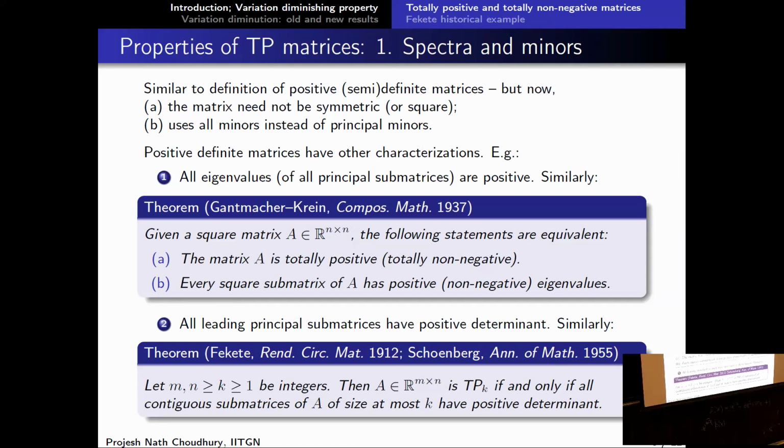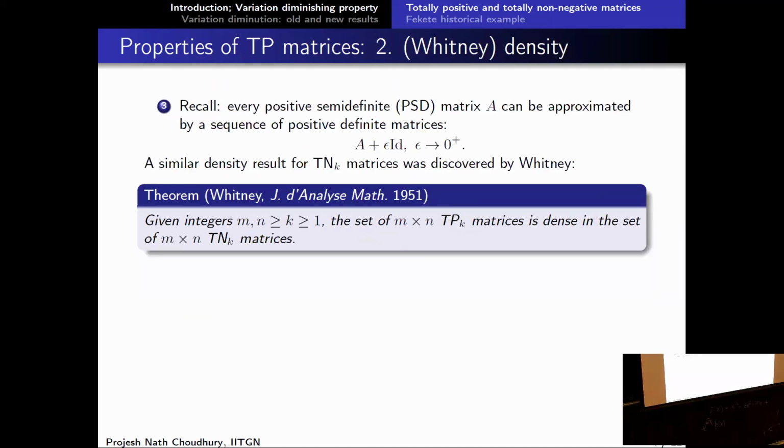Another one: the class of positive definite matrices is dense in positive semi-definite matrices, and the proof is very simple. But that is quite non-trivial for totally positive matrices. That was a result by Whitney in 1951, who showed that any totally non-negative matrix of order k can be approximated by a sequence of totally positive matrices of order k.